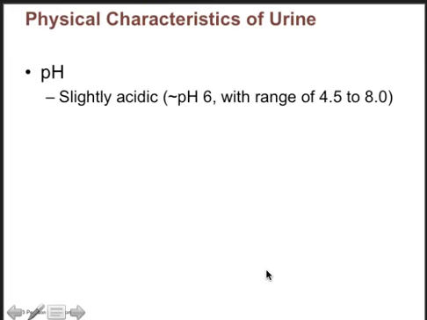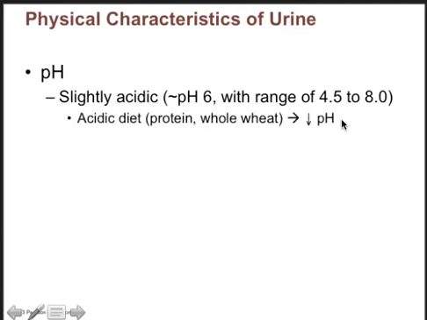It should be slightly acidic with a pH range of anywhere from 4.5 to 8. Notice the wide pH range here. And this is because one of the ways that the body maintains blood pH within that nice tight limit is to change the pH of the urine as your dietary intake changes in terms of the acidity or basicity of the foods and drink you consume.